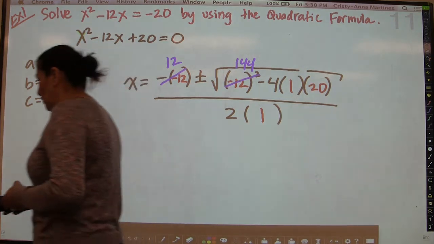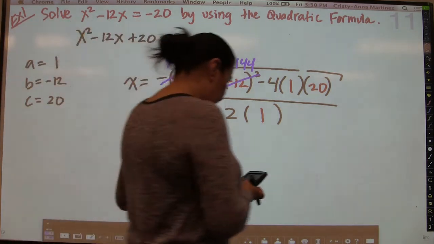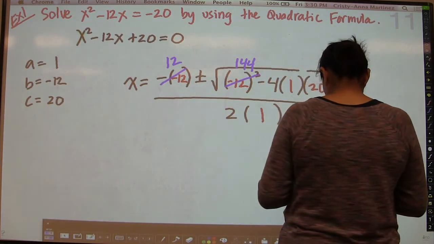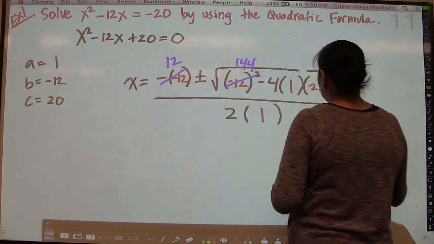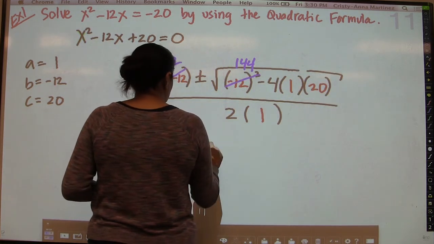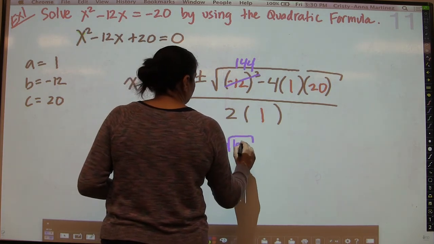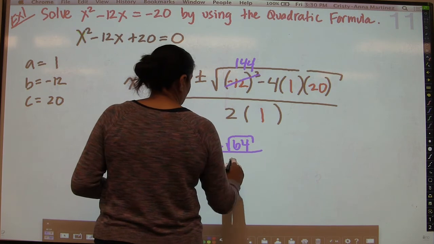I'm going to get a calculator that actually works. 144 minus 80 is going to give us 64. So now what we have here is x equals 12 plus or minus the square root of 64 divided by 2.